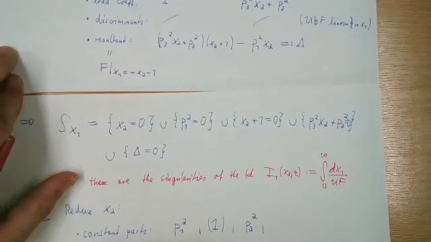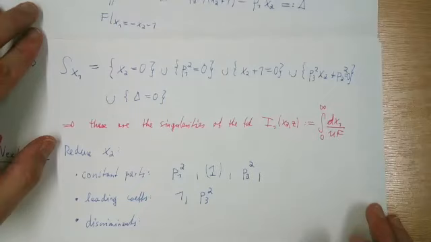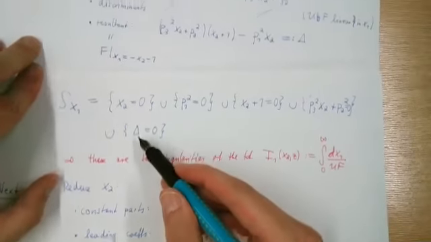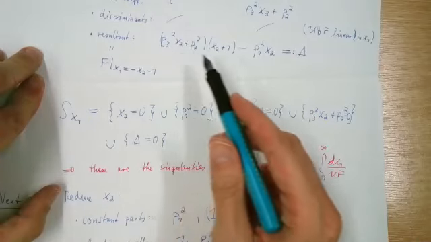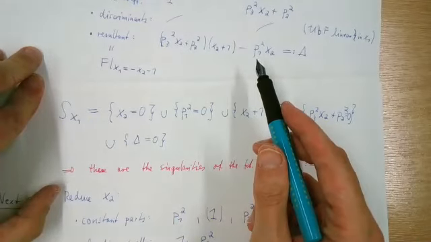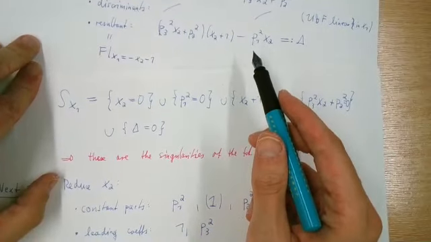Then we have discriminants. And in discriminants, you get something now because there is a quadratic polynomial. This resultant from the previous step is quadratic, so it can have a pinch between its two zeros. So there's a discriminant of this thing.